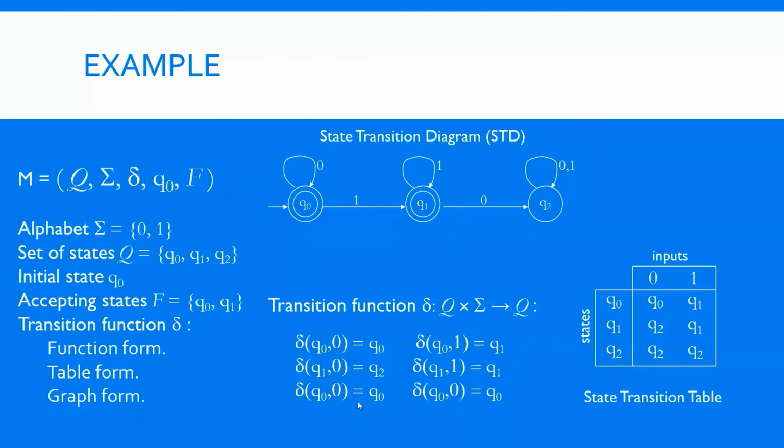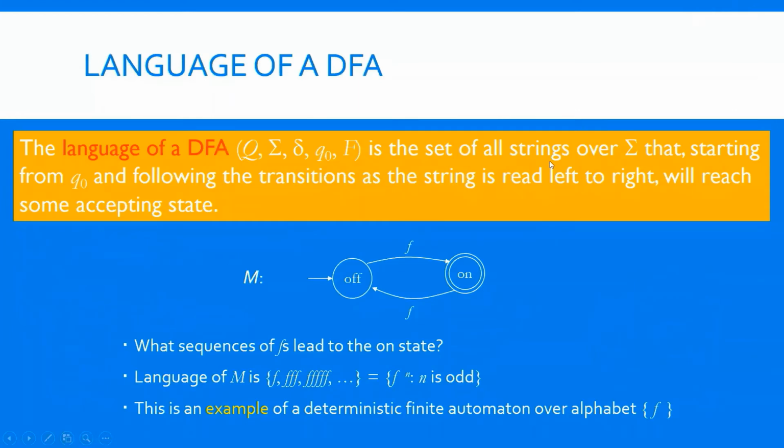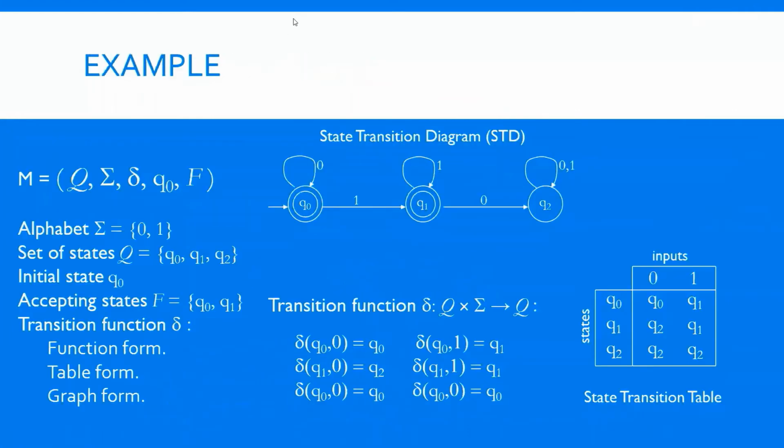Similarly, delta Q0 0. Sorry, this should be Q2. Are you getting the mistake? The third one is Q2 0. Delta Q2 0 is Q2. Q2 1 is Q2. So some error I got. Can you change that error in your note?